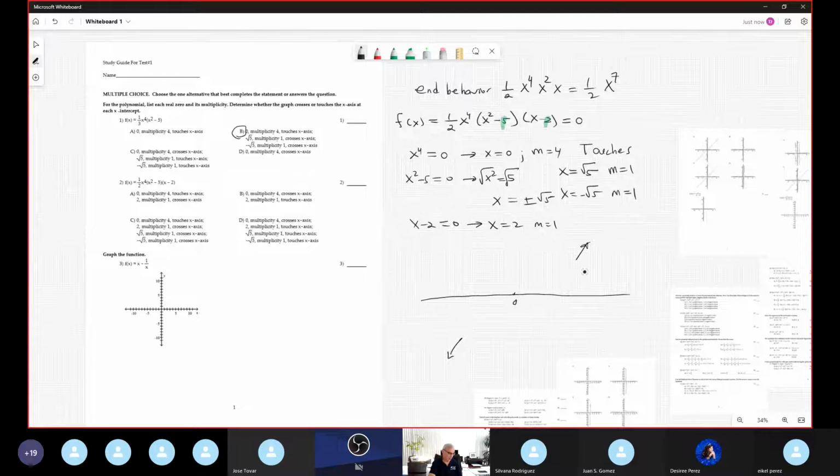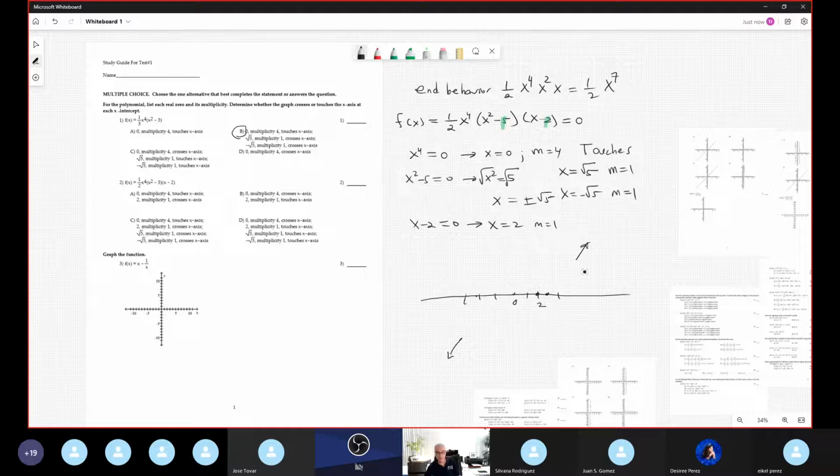Square root 5 is 2.23 in decimal, so we have 1, 2, 2.23 here, 2 is another zero, and negative 2.23 is approximately here.